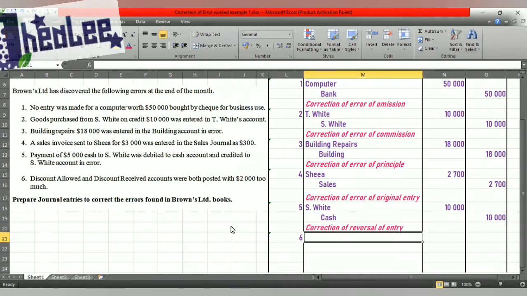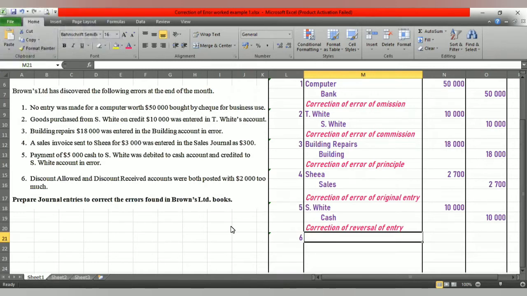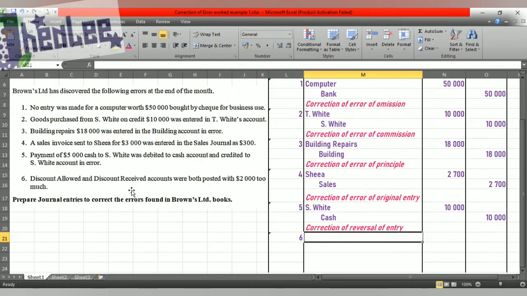In correcting an overcast, you have to put that overcast value, that extra value, on the opposite side of the original entry. And in looking at number 6, discount allowed and discount received, to correct this, you'd have to know what type of balance these accounts carry. Discount allowed is an expense, that is a debit balance. Discount received is a revenue, that is a credit balance. We need to get rid of the extra.